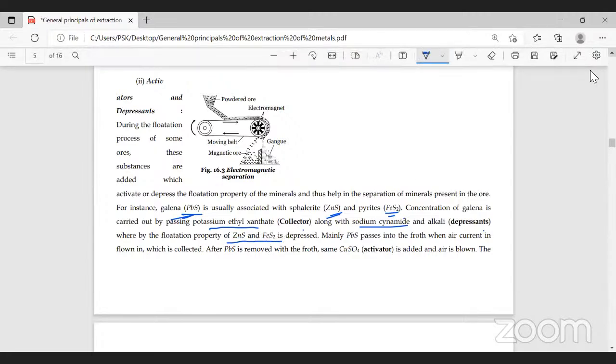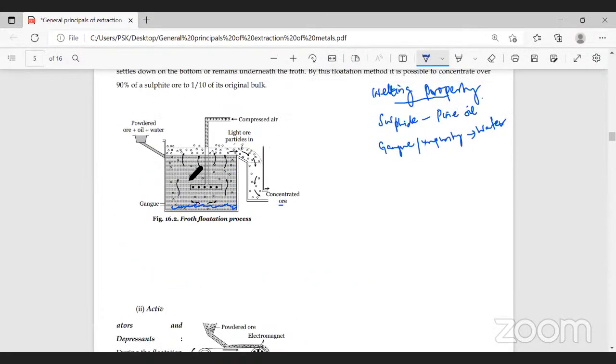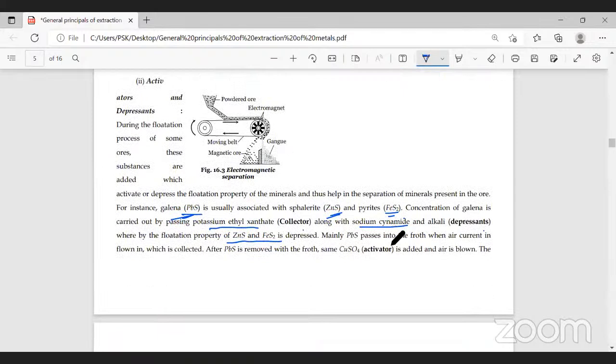So that means zinc sulfide and iron sulfide will not come to the surface. They will be depressed because of the sodium cyanide. Mainly, lead sulfide passes into the froth when an air current is passed, which is collected.